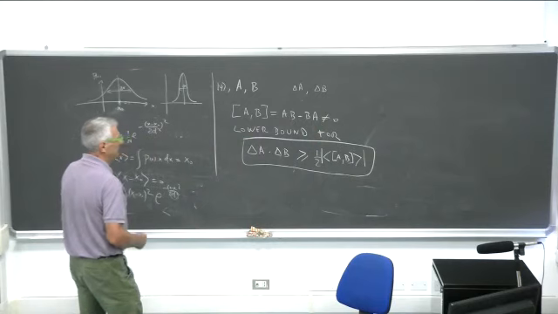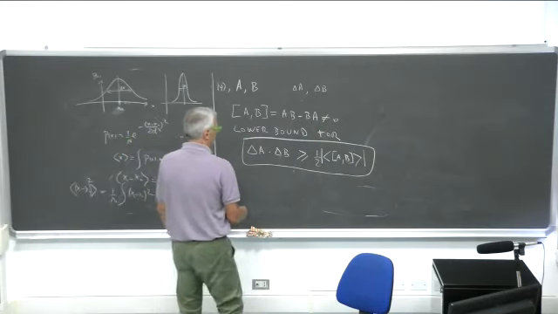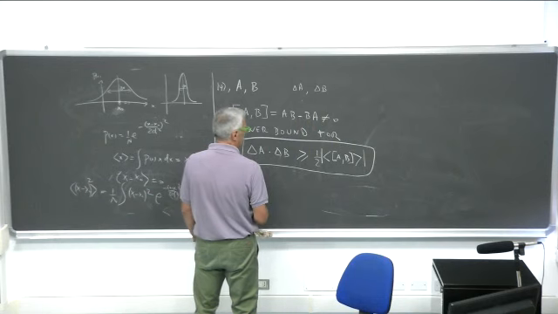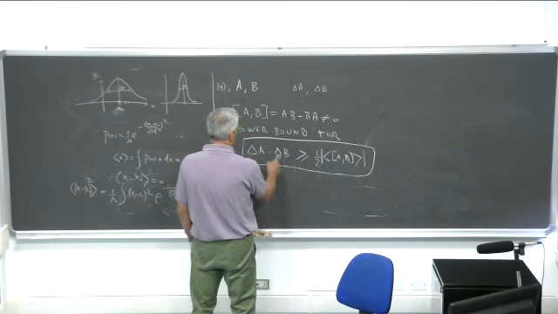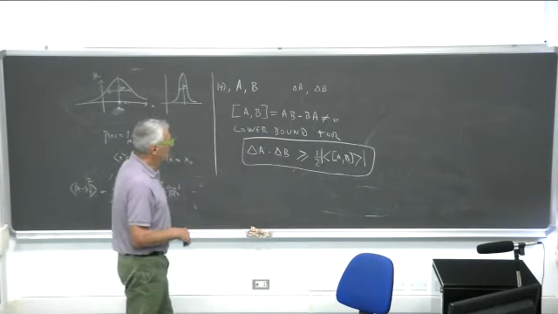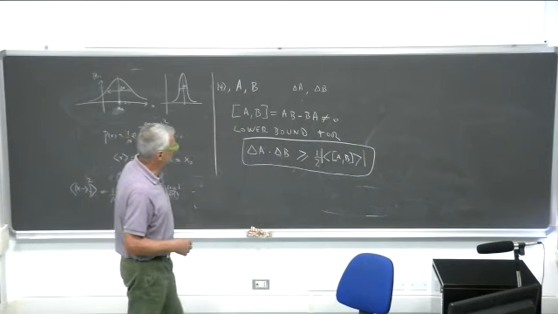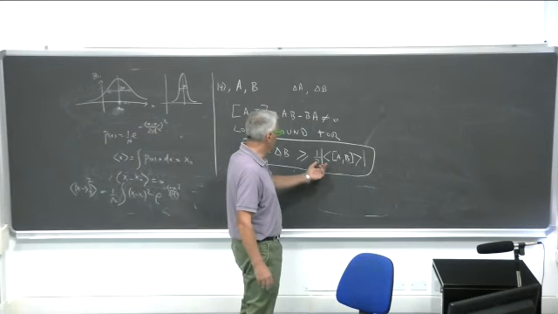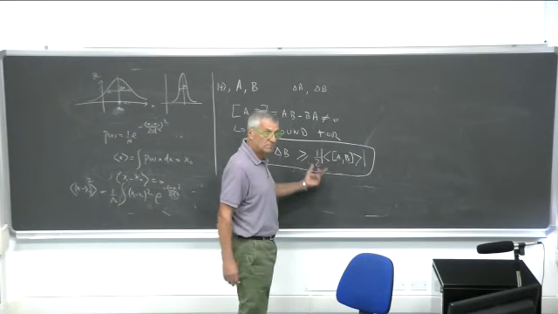A particular case of this is the famous Heisenberg commutation relation, the uncertainty relation for X and P, position and momentum, which have a canonical commutator, and so the right hand side, we will see in a short time, would be H bar over 2.